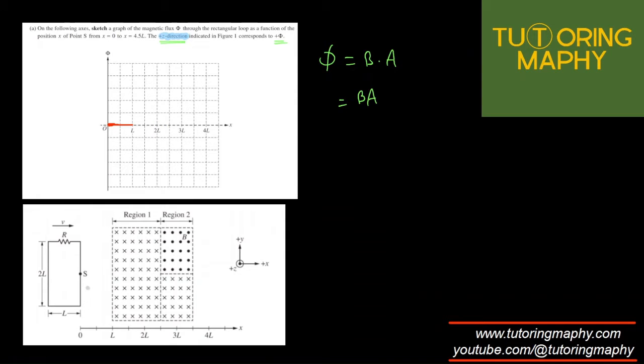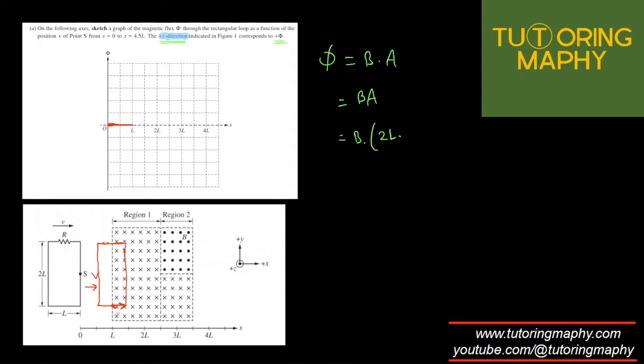Since it is moving forward with a constant velocity, let's say this much of the loop is inside the magnetic field. The rate at which the area is increasing is also linear, right? Because the magnetic field is constant, whatever that is. Area is length, which is 2L and not changing, times width.